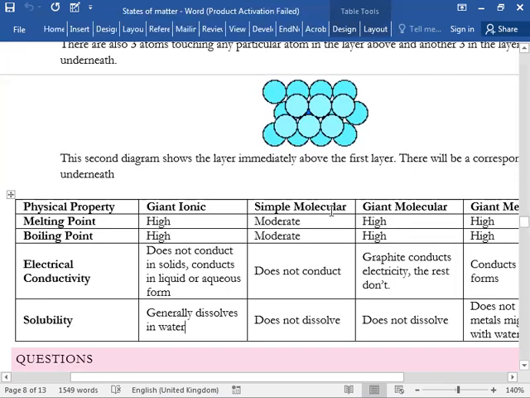Okay, what about simple molecular? Iodine example I gave you. In biology you would have also studied iodine vapors. Iodine को जरा सा heat करो उसके vapors बन जाते हैं. That means इसका boiling point and melting point is not high, it is moderate. It will not conduct electricity in any case, whether you take the example of pure water, whether you take the example of Buckminster fullerene, whether you take the example of iodine, just liquid कर लो, you take it to any state possible, it will not conduct electricity because it does not have charged particles. अब आप move उनको कितना ही करते हैं, as long as they are not charged, there are no charged particles.